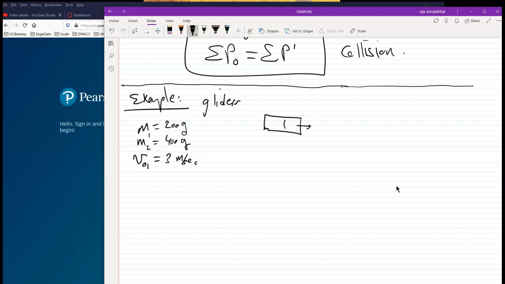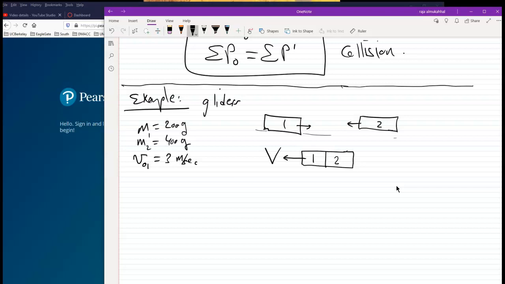Glider 1 moving in this direction, glider 2 moving in the opposite direction. They are both on the same air track. After the collision, they both stick together and become only one mass, and they move with one common velocity, big V.